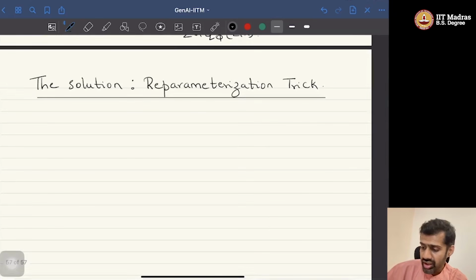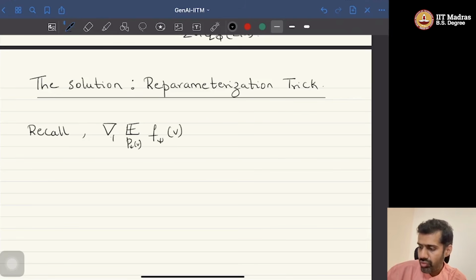Let's recall that the gradient of the expectation of this particular function cannot be computed. This is the problem we are dealing with. How do we solve it?